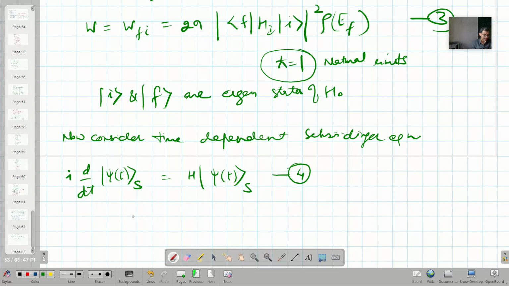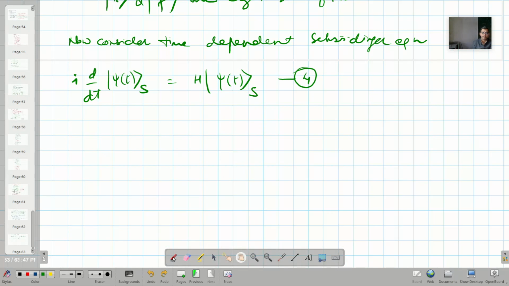Now we want to transform the Schrodinger picture to the interaction picture.